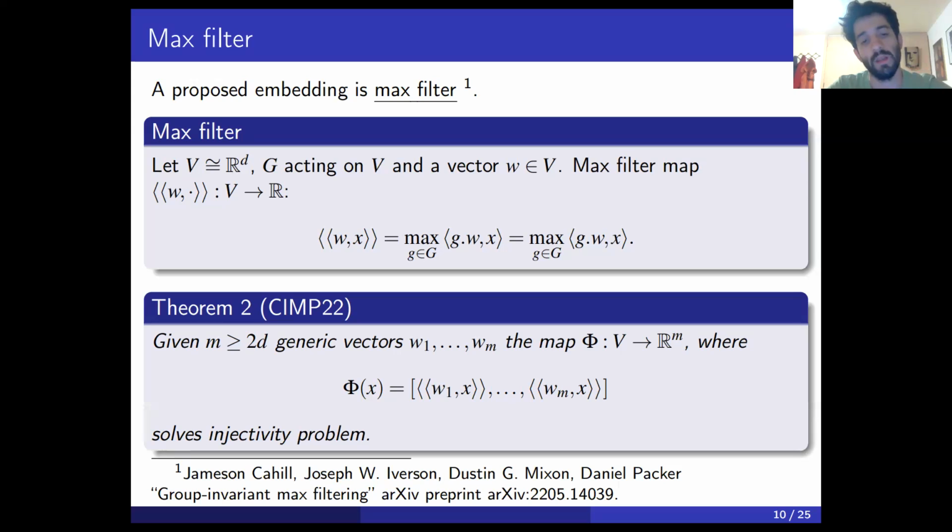The reason that we were able to get rid of an additional dimension is that because of homogeneity, it is enough to separate all non-equivalent x and y such that, for example, the norm of x is equal to 1. So instead of dealing with something that has dimension 2D, all possible pairs of x and y, we have something that has dimension 2D minus 1, because we have fixed the norm of x or the norm of y, for example.